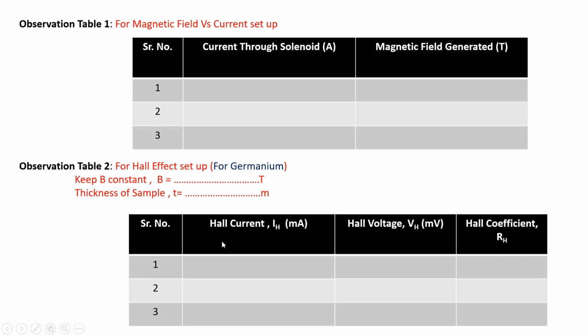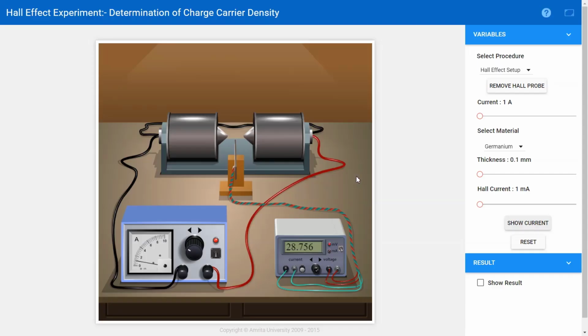Now you have to make three columns where you go on writing the Hall current, which is in milliampere, and for that you find the Hall voltage, and using these values and formula you can find the Hall coefficient. So for 1 milliampere Hall current we have this Hall voltage.